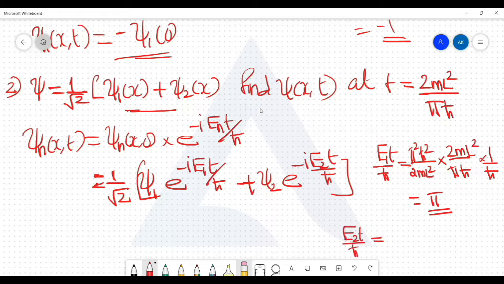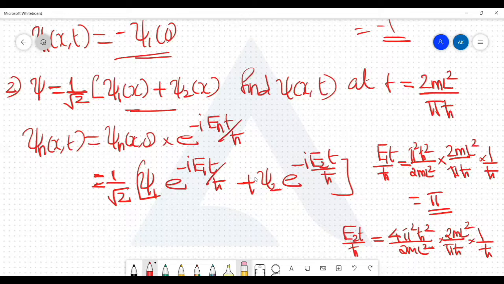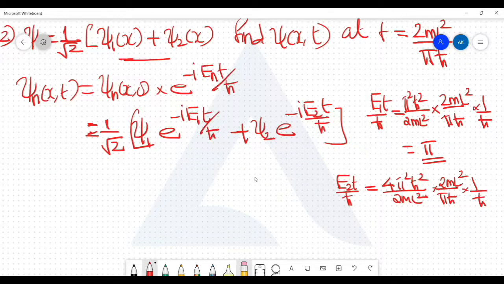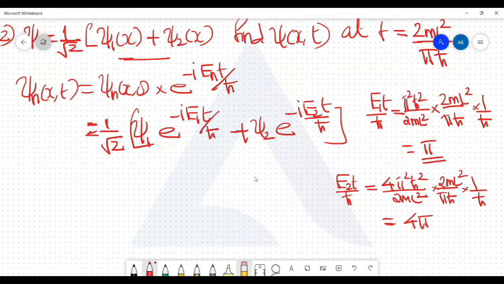E2 means n is equal to 2, so n square is 4. Pi square h cross square by 2m L square into 2m L square by pi h cross into 1 by h cross. Simplify this, you get 4 pi.